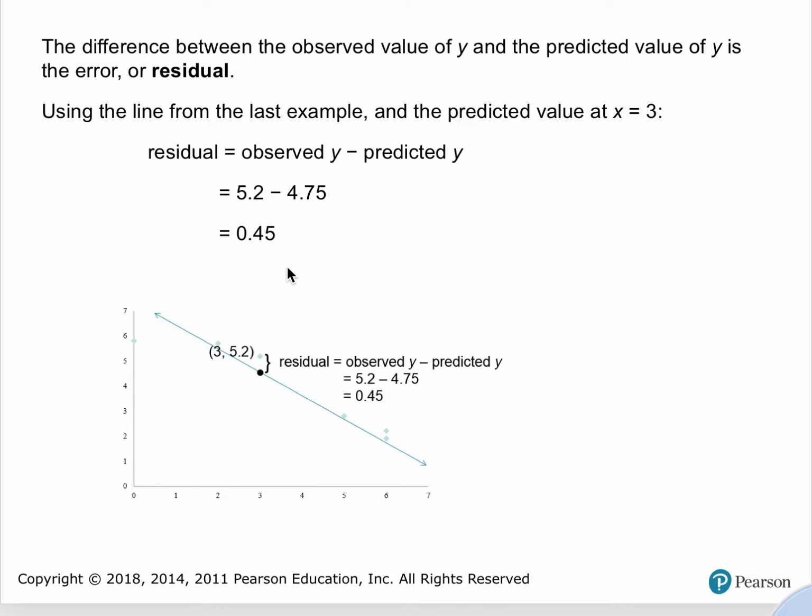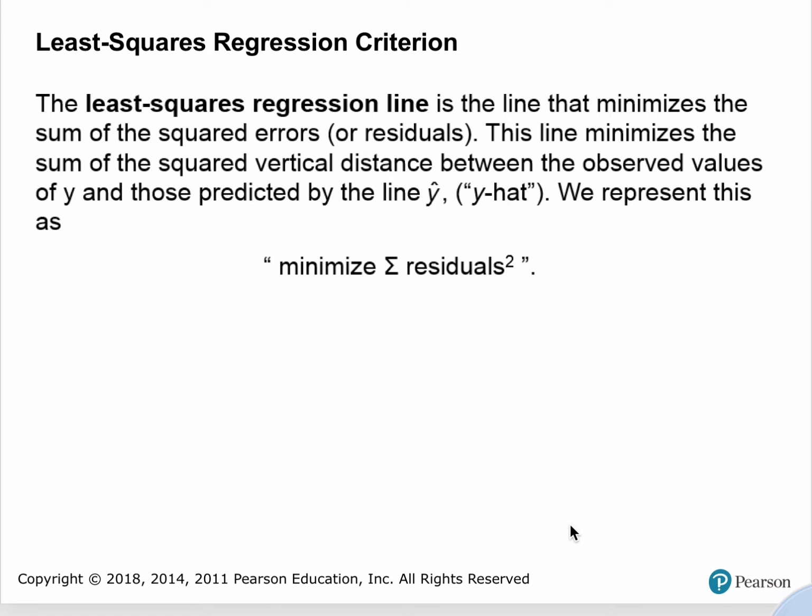Okay? The criterion to determine the line that best describes the relation between two variables is going to be based on these residuals. And the most popular technique for making the residuals as small as possible is the method of least squares. Okay, so let's go ahead and look at that.